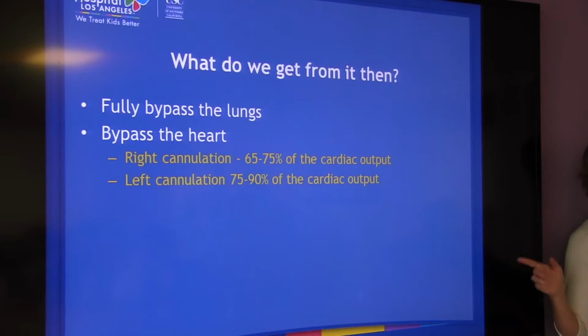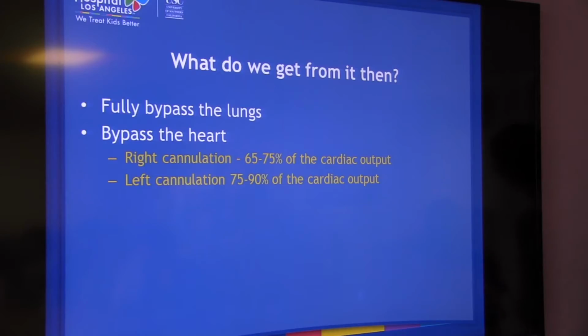The only variant on this, and we'll talk about it again later, is the idea that we were talking about in cannulation: if you have an ASD in place, then even without a left atrial vent, you may be doing a little bit more than the 65 to 75% decompression, because you'll be stealing from the left atrium in the right cannulation.